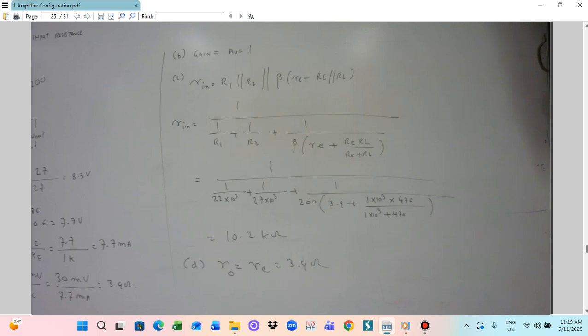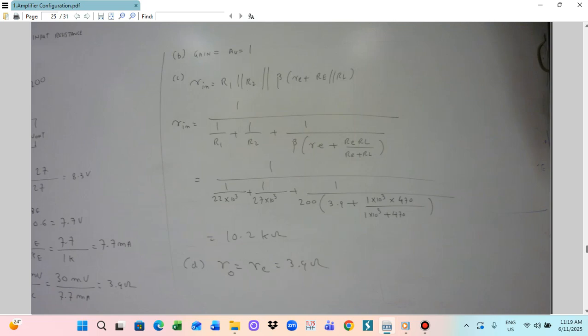Re is 1 kilo ohm, 1 into 10 power 3, RL is 470, divided by 1 into 10 power 3 plus 470. By solving this, we can calculate Rin. Rin is 10.2 kilo ohm. So this is for the Rin we calculated.